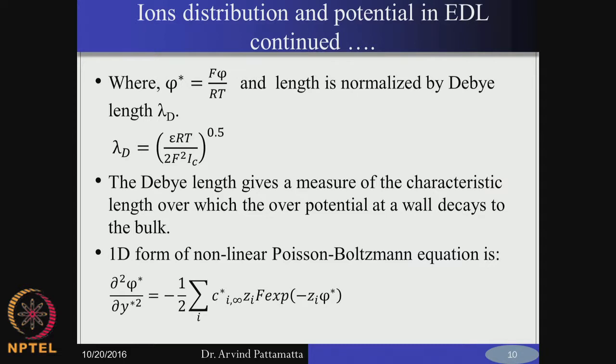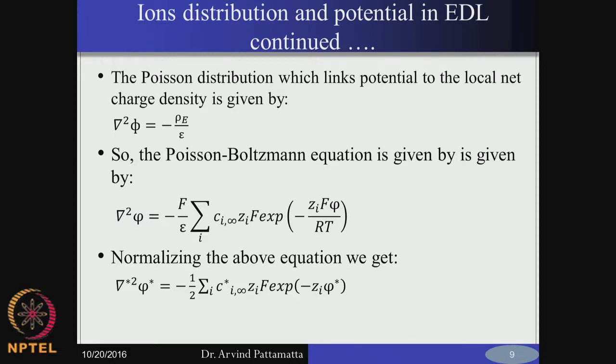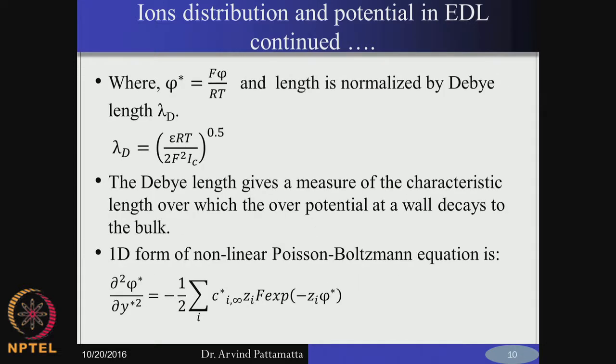Similarly, all the coordinates are non-dimensionalized with the Debye length. The Debye length expression shown here comes from simple scaling arguments where you combine all these parameters, so that the units are in terms of meters, and these are a non-dimensional group of different parameters. So, this will have units of exactly meters. So, if you non-dimensionalize with this Debye length, you get everything in terms of x star and y star and so on. Okay.